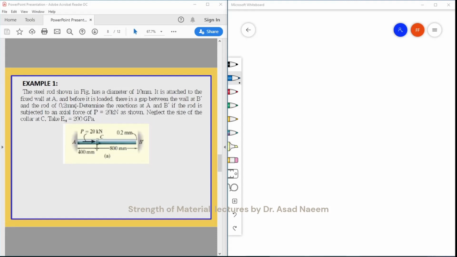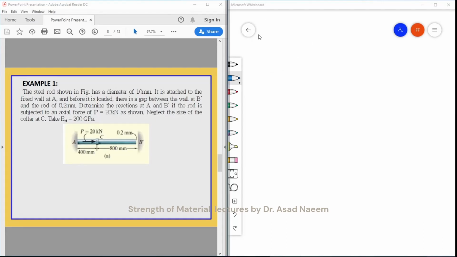Determine the reaction at A and B if the rod is subjected to an axial force of 20 kilonewton as shown, and neglect the size of the collar C, and take the Young modulus or elastic modulus equal to 200 gigapascal.